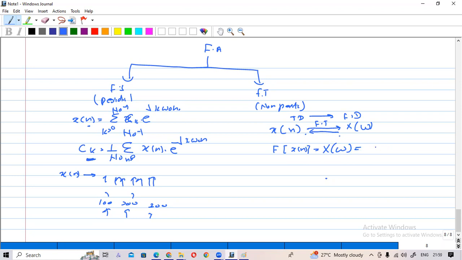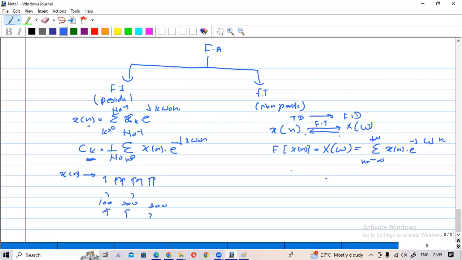It is given as a sum from minus infinity to plus infinity, because n can be anything, of x[n] e to the power minus jk omega naught n. Here k omega naught becomes omega because it is continuous, so it is e to the power minus j omega n.